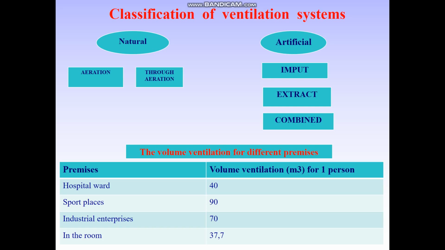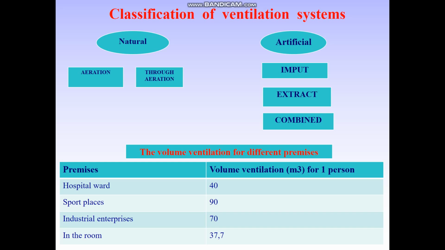Purity of the air in premises is the result of providing everyone with the needed volume of air, the so-called air cube, and regular substitution of internal air with external. The quantity of ventilated air needed for one person per hour is named the volume of ventilation. The norm of the air cube in premises is 25-27 cubic meters.